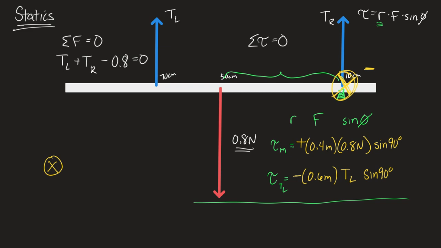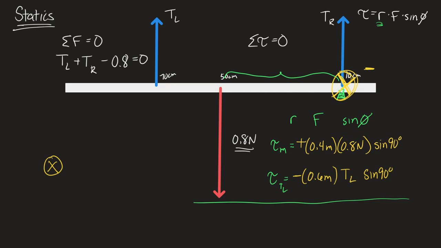I don't think TR is 0. We eliminated it from the torque equation. That doesn't mean it's 0. R is 0 for that torque, but TL isn't 0. I'm sorry, TR isn't 0.